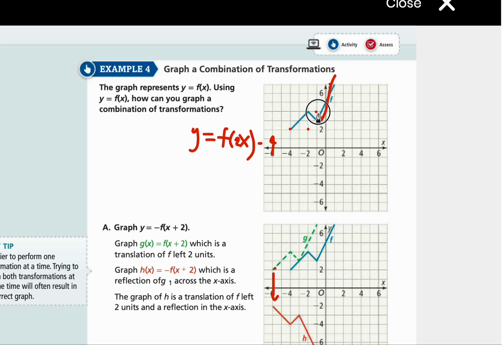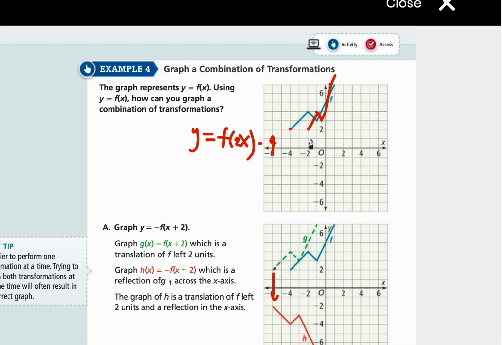So it should be like this. So this is your horizontal compression. It compressed horizontally. And then you're going to subtract 4. That is a vertical translation, 4 units downwards, right?